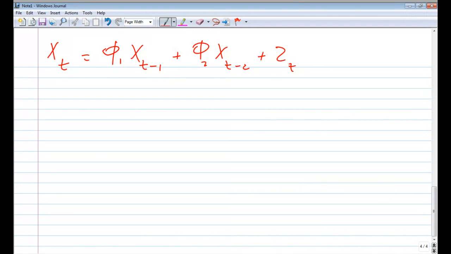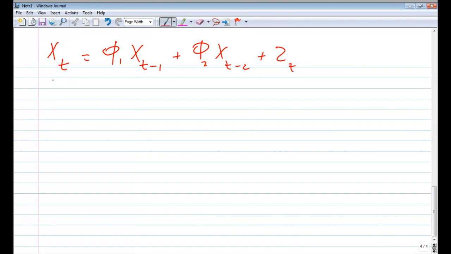Now, the first step, you have to listen very, very carefully. The first step is to change xt to be rho k, and xt minus 1 to be rho k minus 1, and so on.